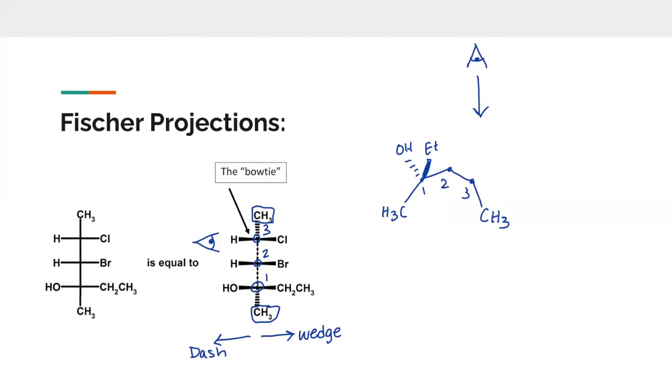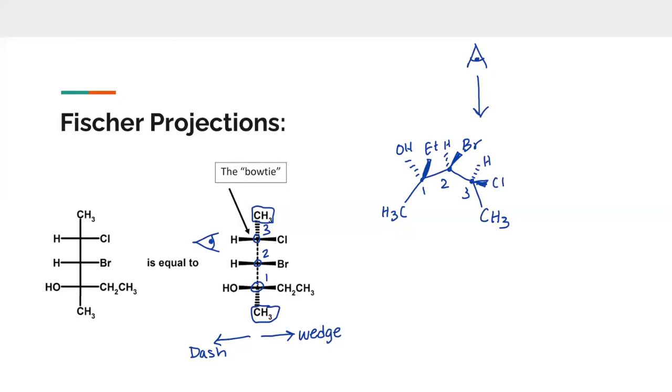So we do the same thing for carbon 2. We point upwards with a dash, and we point upwards with a wedge for the bromine. And lastly, for CH3, we're going to do the same thing: a dash and then a wedge.